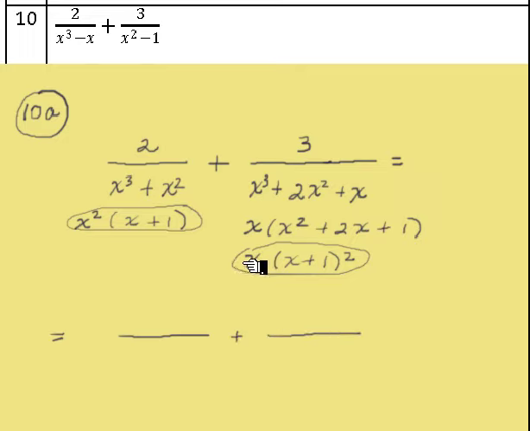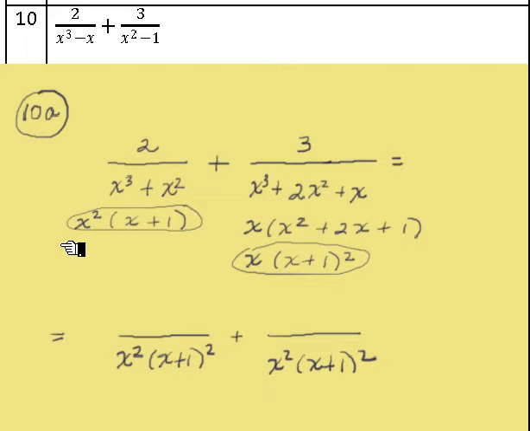They both have factor x, and the highest exponent to which x appears is 2, so x squared will be part of the common denominator. And they both have factor x plus 1, and the highest exponent to which it appears is 2, so x plus 1 squared is also part of the common denominator. All right, so that's our common denominator, x squared times x plus 1 squared.